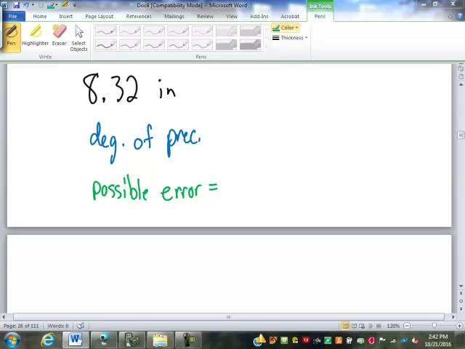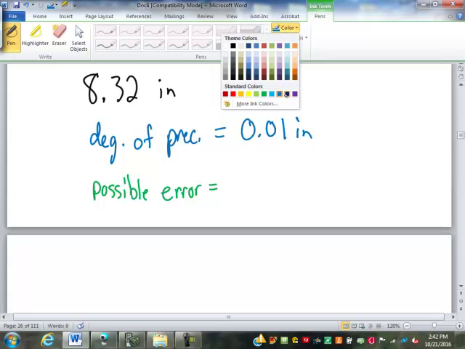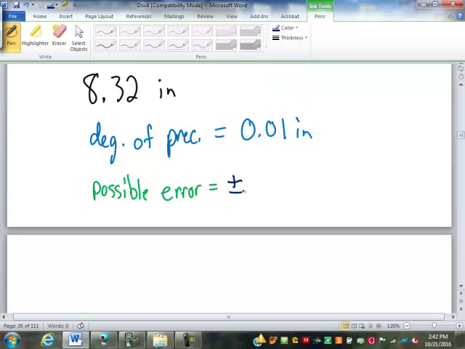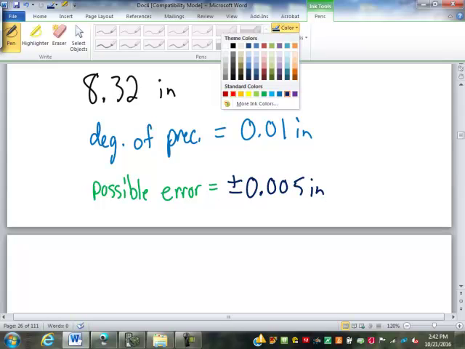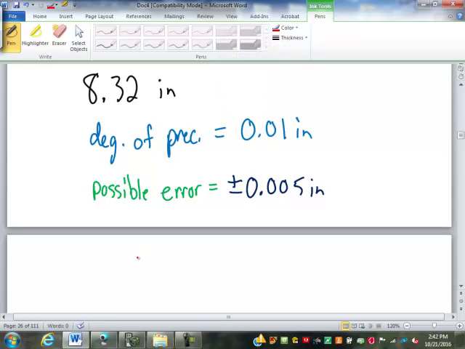So looking at this, what is our degree of precision? 0.01, there you go. Our possible error is plus or minus 0.005 inches. Good.